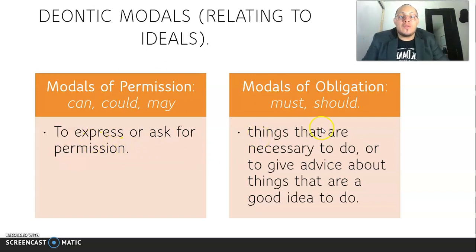And with the modals of obligation, you have to be careful, please, because when you use must, you have to understand that you are implying obligation in what you're saying. They are things that are necessary to do, or a way to give advice about things that are a good idea to do. However, your mention implies that there is an obligation for you to do it.